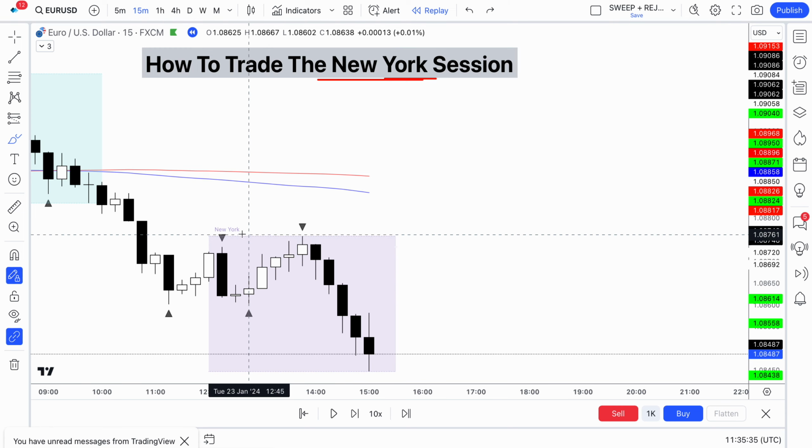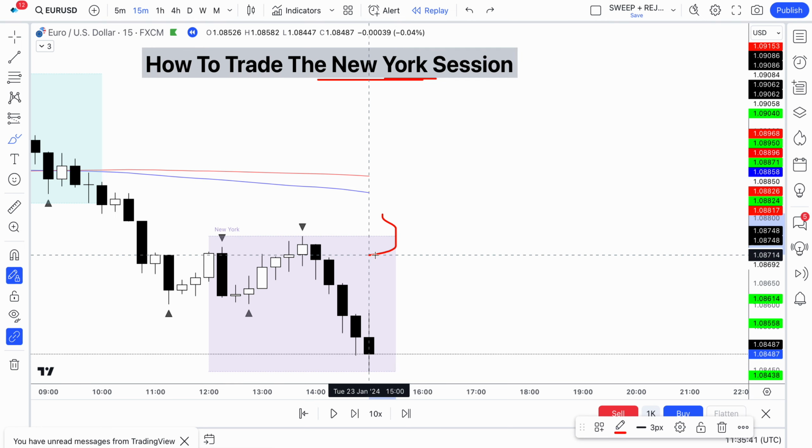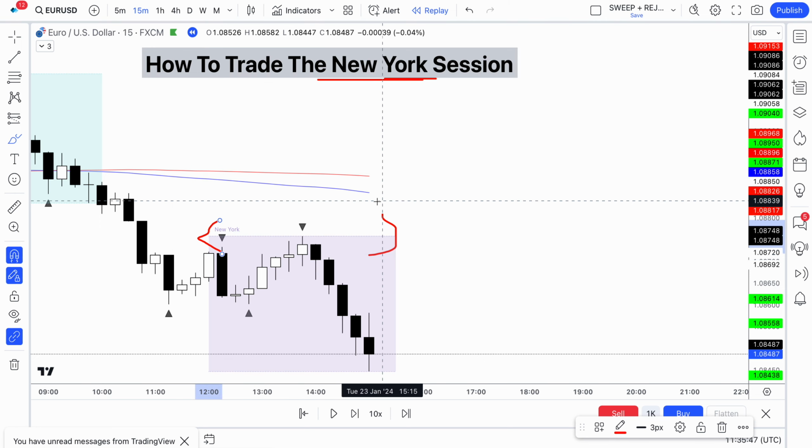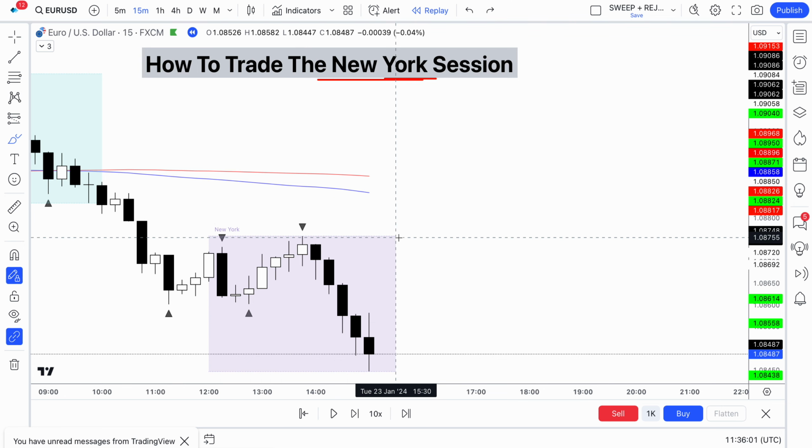If you backtest New York sessions between this time, you'll see that this is the most volatile time of the day to trade. On top of that, we are trading a trend following liquidity system, which is very favorable under high volatility and high volume sessions. That's why it's very important to stick within these time horizons.